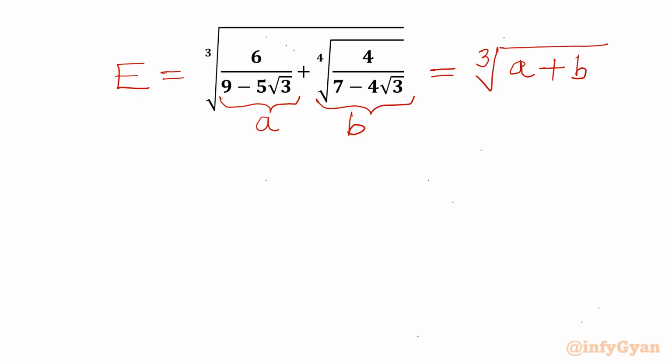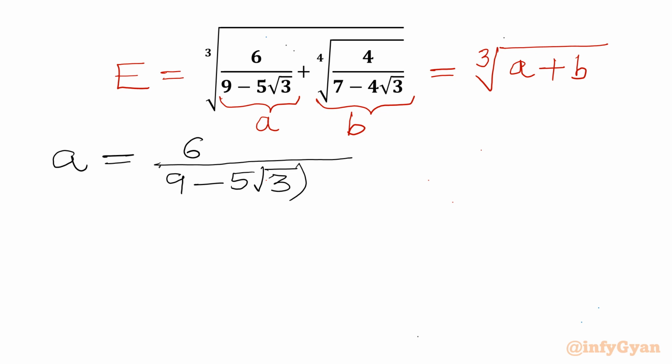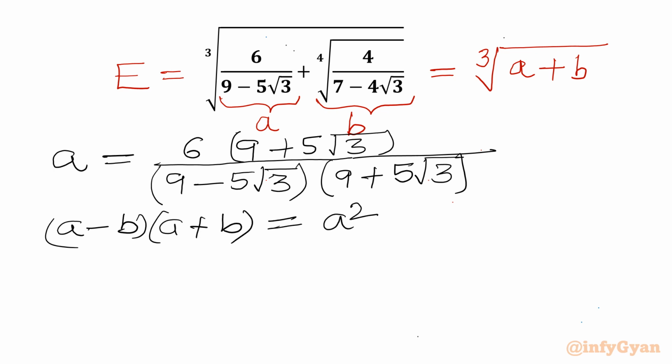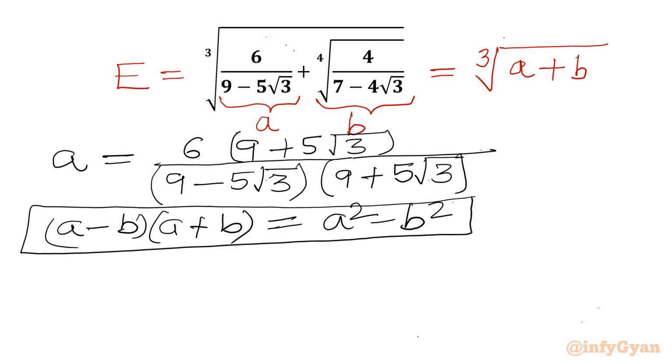Now we will calculate A and B separately. A will be equal to 6 over 9 minus 5 root 3. Now I will rationalize my denominator, so I need to multiply with 9 plus 5 root 3 in the numerator and denominator. Now the denominator is a minus b times a plus b, in this place we can write a square minus b square using the difference of two squares formula.